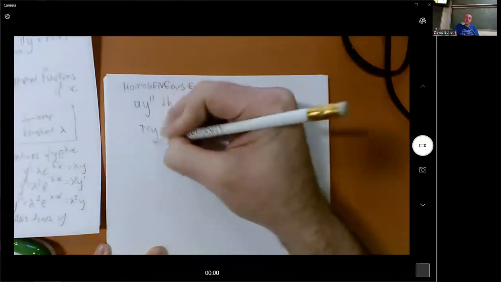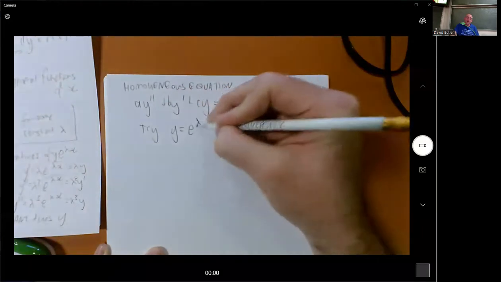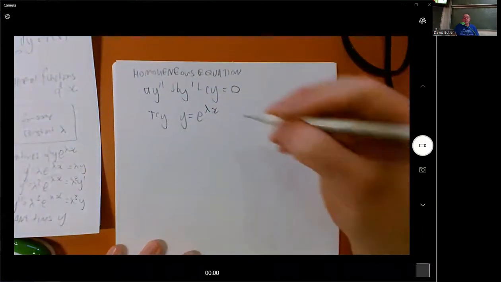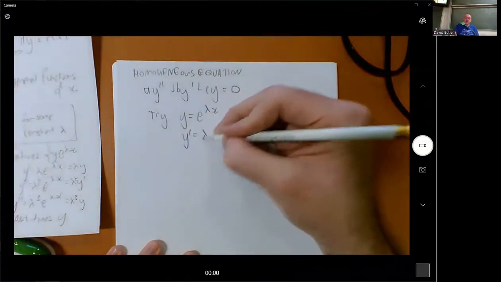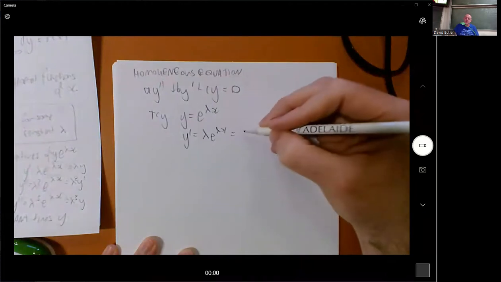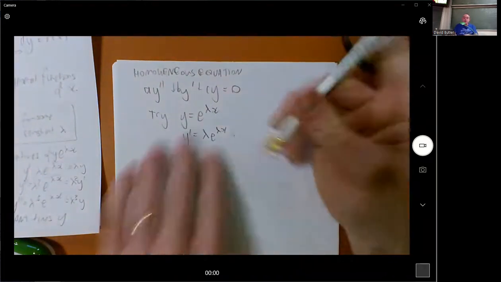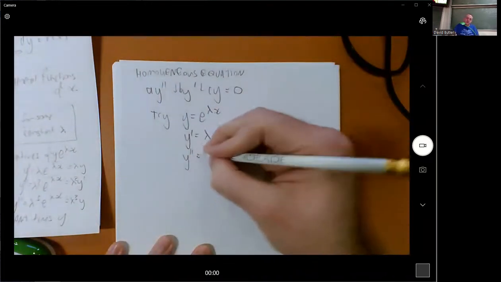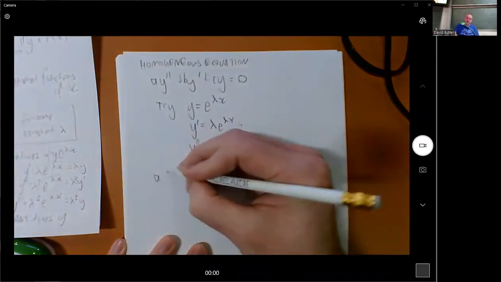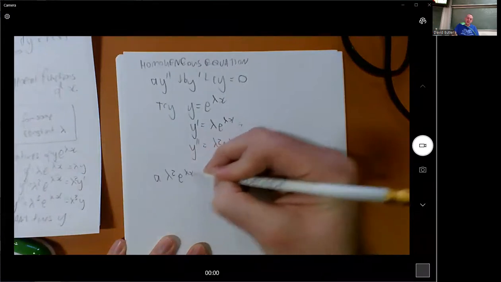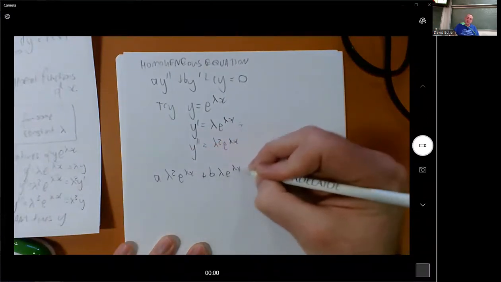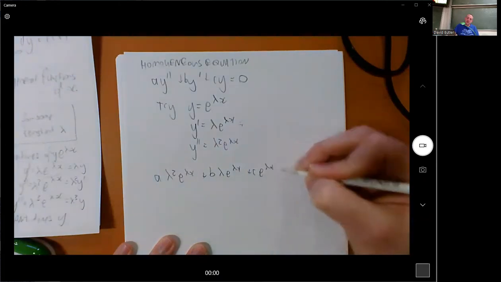And I try y = e^(λx), then what that means is I replace y' with λe^(λx), and y'' with λ²e^(λx). And so I get aλ²e^(λx) + bλe^(λx) + ce^(λx) = 0.